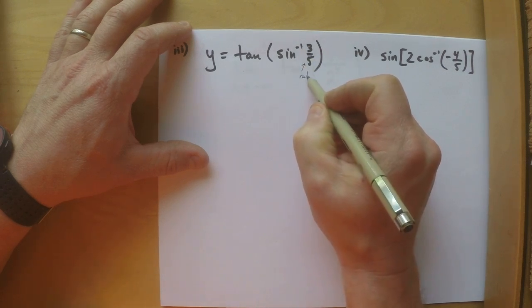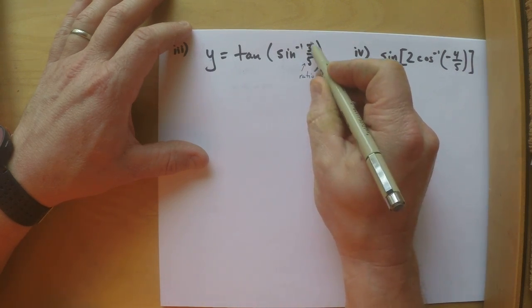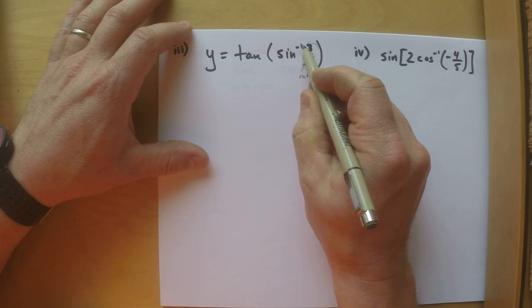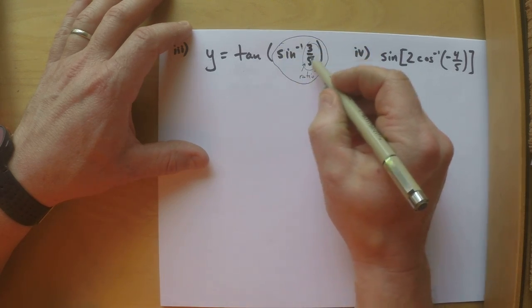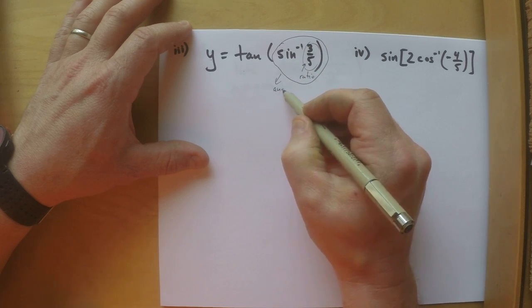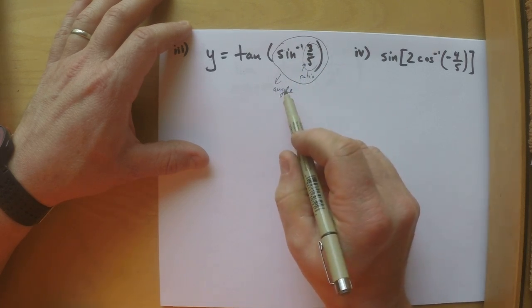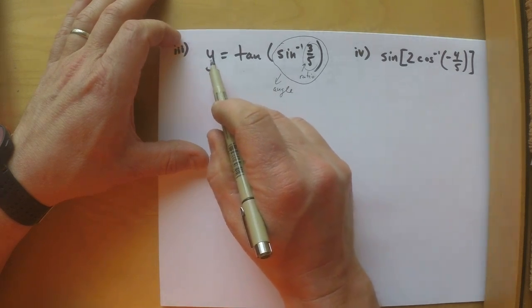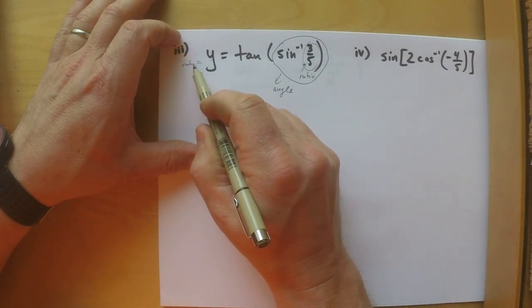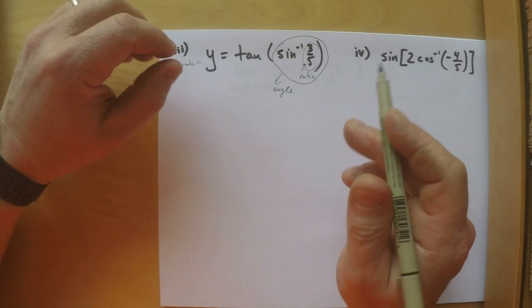Oh, that's a ratio. When inverse sine takes in this ratio, this whole bit inside spits out an angle. And then when the angle goes into the tan, that's going to ultimately spit out a ratio. So in the end, I'm going to get a ratio, but I have to think about this in layers.